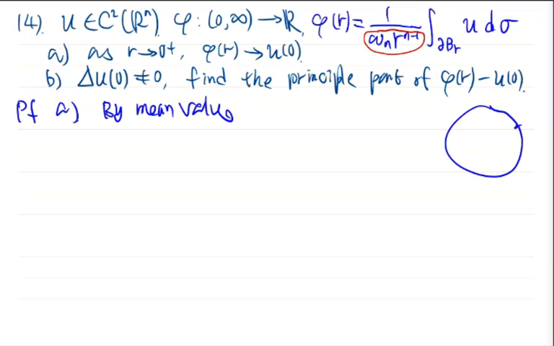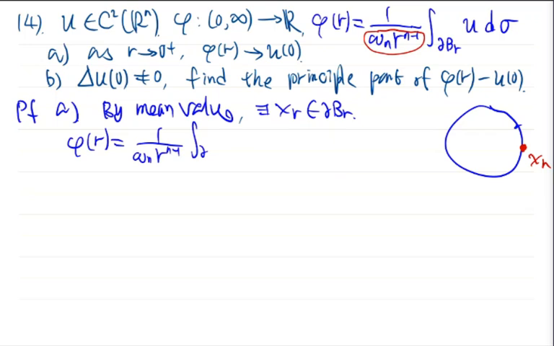There must be some point x r such that the mean value is the value of u at x r.